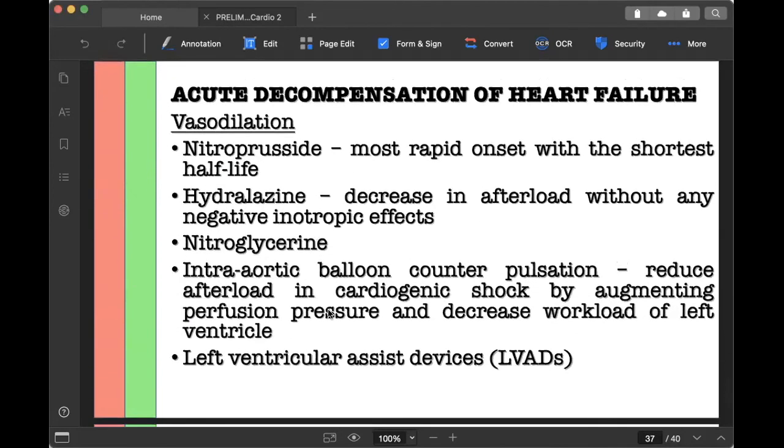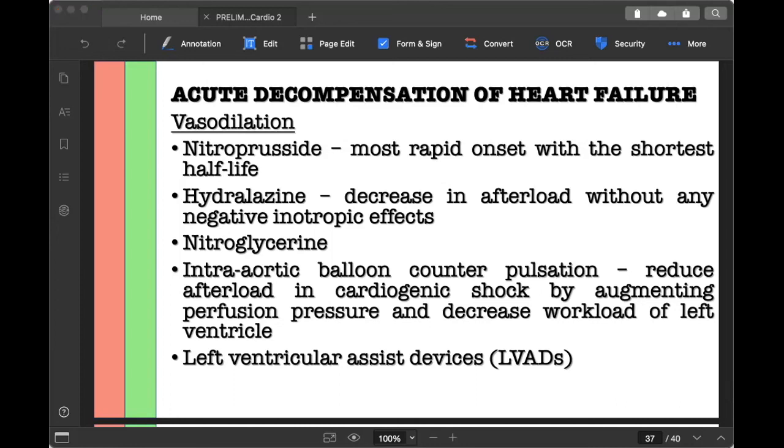Vasodilation, this kind of medication is to properly dilate the walls of our arteries so that there's no blockage, no interruption in terms of the blood supply coming in and out of our heart and all over our body. We have your nitroprusside, the most rapid onset with the shortest half-life.